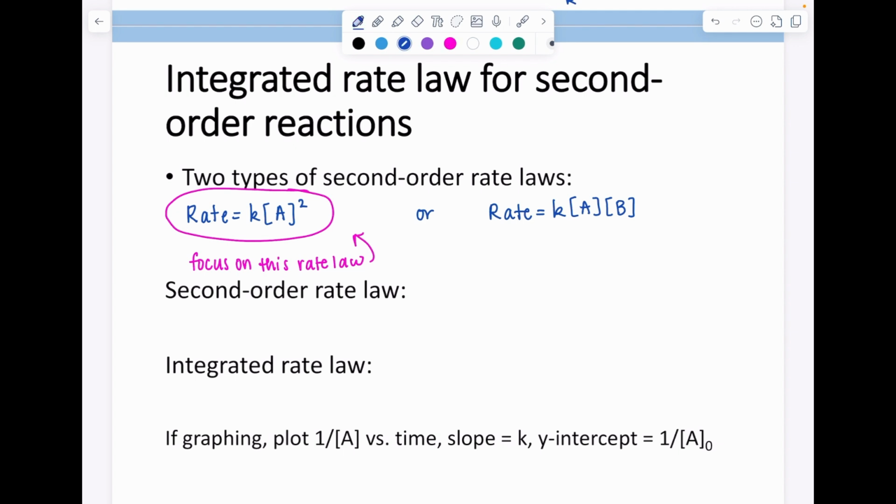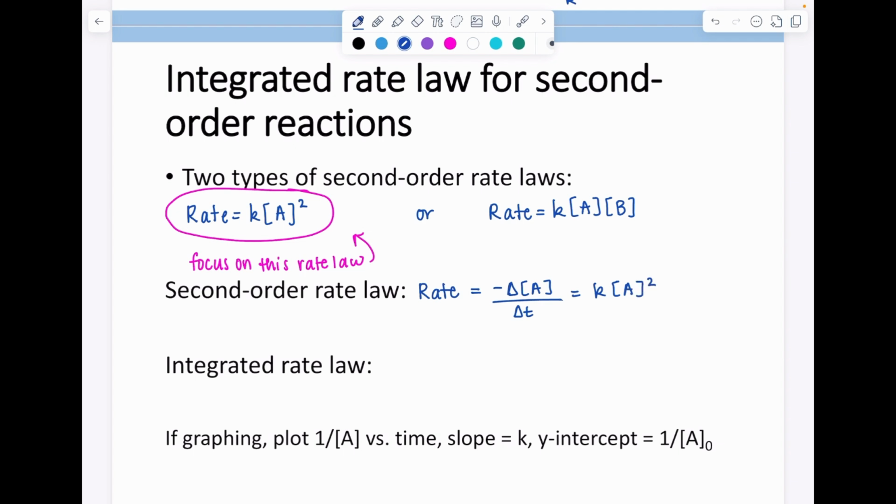When we're talking about the integrated rate law for a second order reaction, again, we have where the rate is equal to negative change in concentration of reactant over change in time. And this is equal to K times the concentration of A squared.